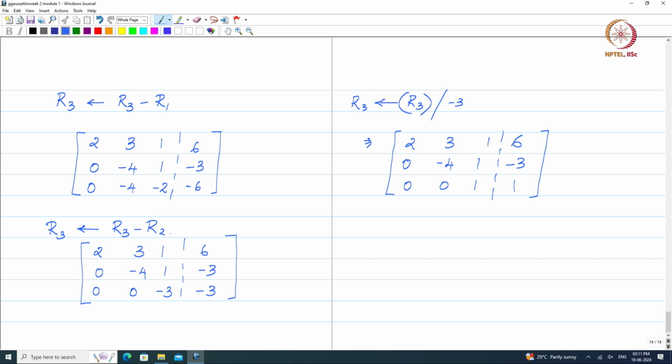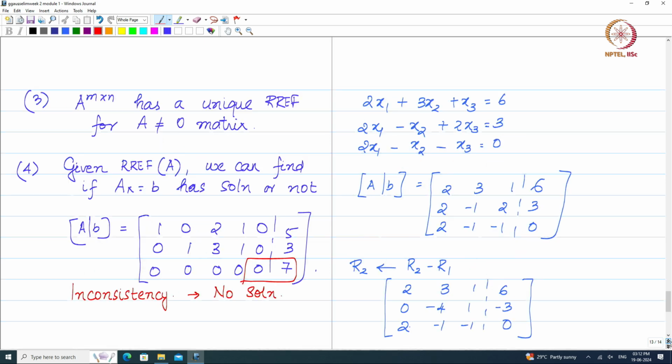One more operation, subtracting R3 from R2. The matrix will become 2 3 1 6, 0 minus 4 0 minus 4, 0 0 1 1. R2 is now divided by minus 4 to get 1.